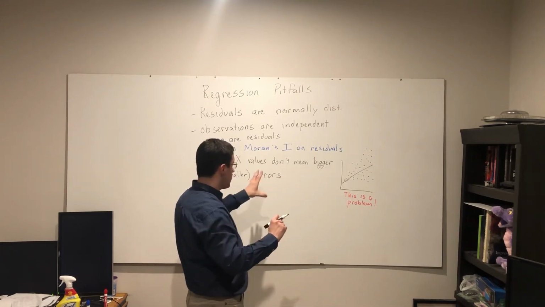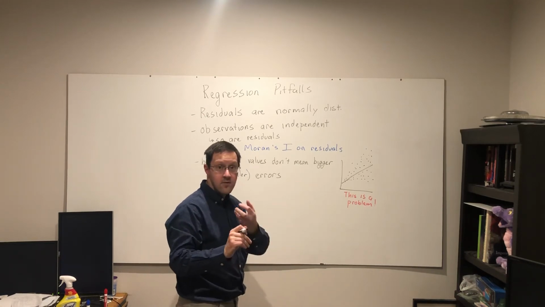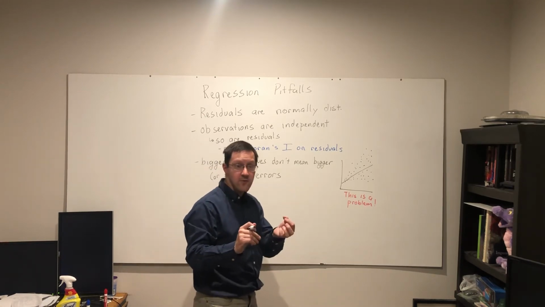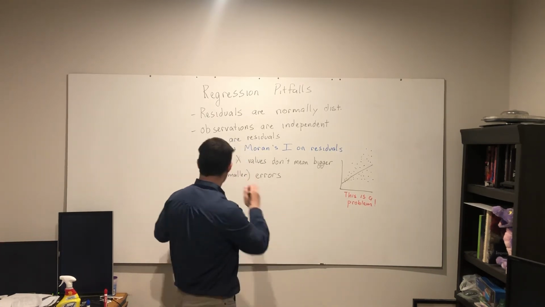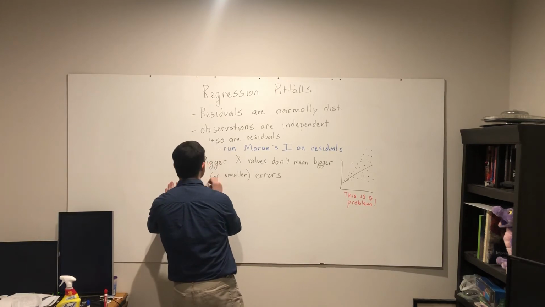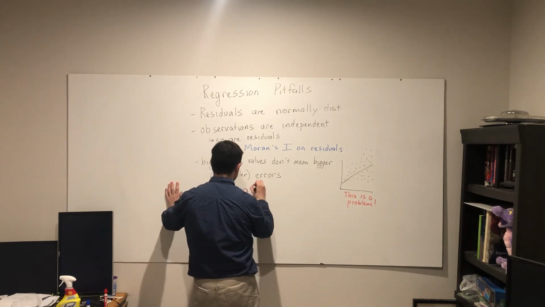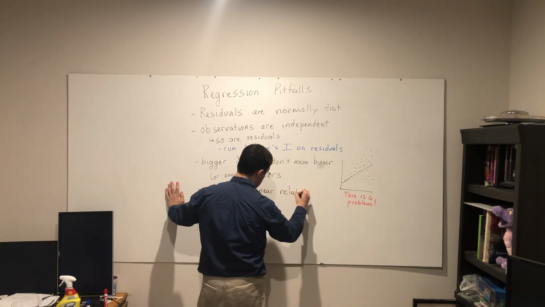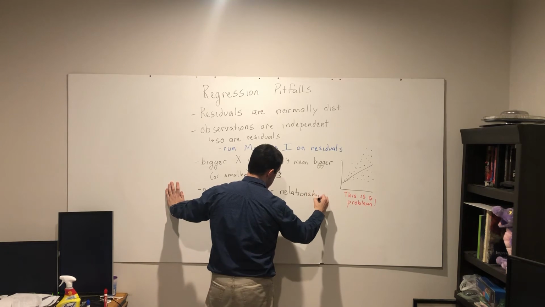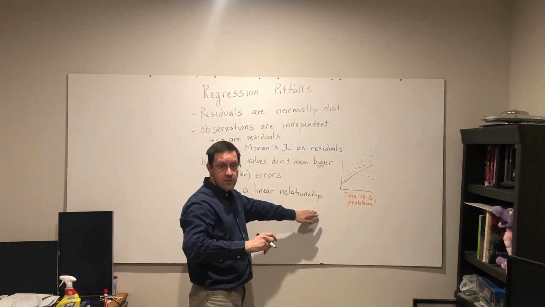And in a way, this leads to probably the last major pitfall or assumption where regression can go wrong. It assumes a linear relationship.